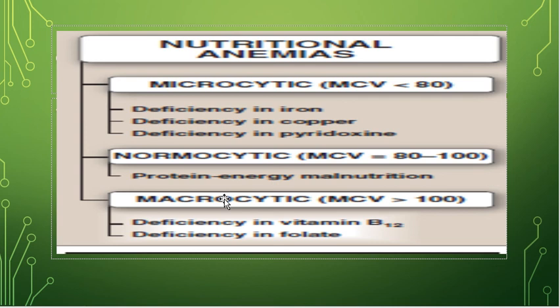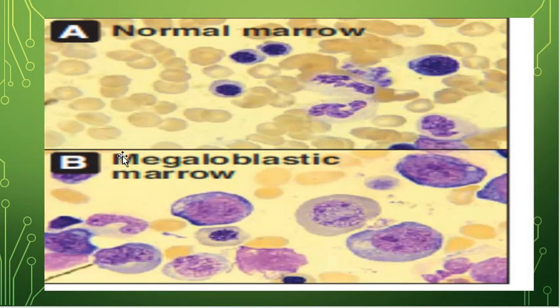Macrocytic anemias are commonly called megaloblastic because a deficiency of either vitamin or both causes accumulation of large immature RBC precursors known as megaloblasts in the bone marrow and the blood. However, these are the normal marrow and these are the megaloblastic forms.